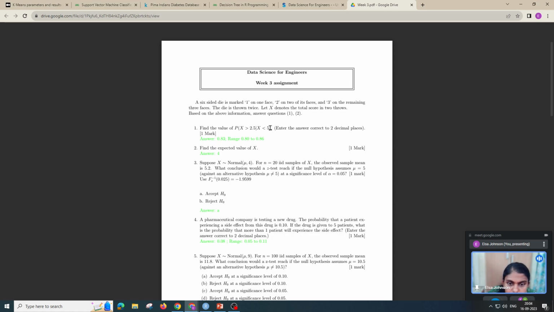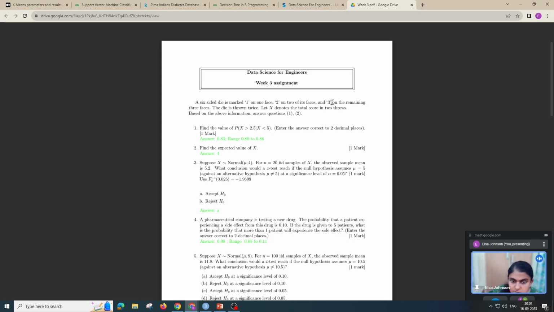So first you have to find the x values less than 5. It's a die marked with 1 on one face, 2 on two faces, and 3 on the remaining faces. So instead of 1 2 3 4 5 6, you are getting 1 2 2 3 3 3.